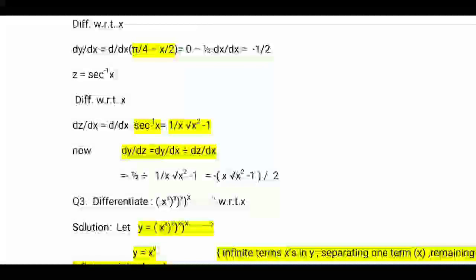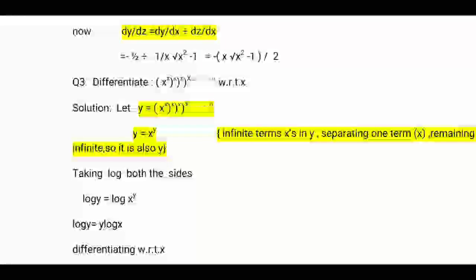Dy upon dx is minus half divided by dz upon dx, 1 upon x root of x square minus 1. So we get minus x root of x square minus 1 whole upon 2. This is the result.